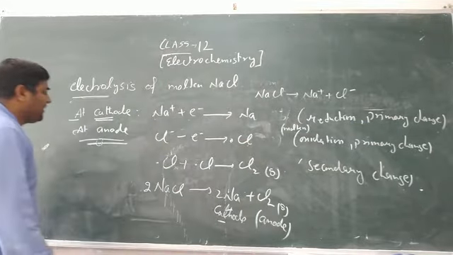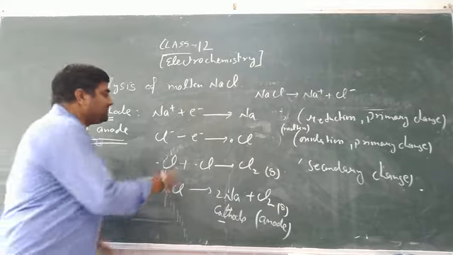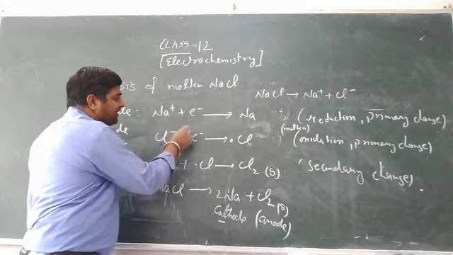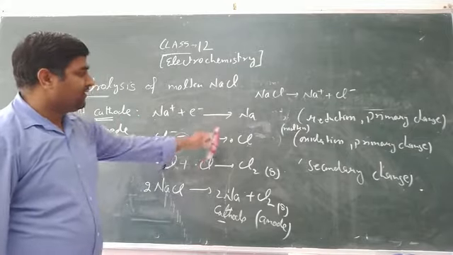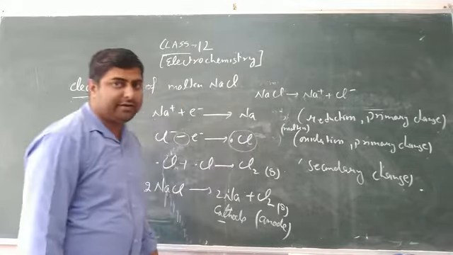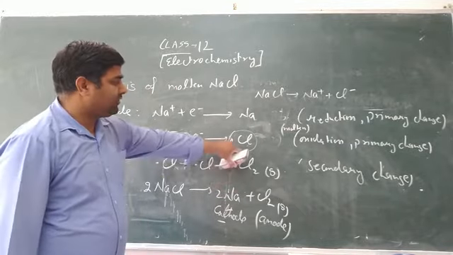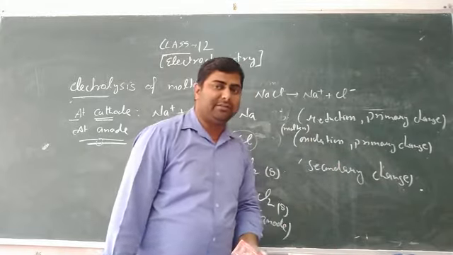Similarly, chloride ions move towards the anode and lose an electron. Keep in mind, minus shows loss of electrons. They get converted to a chlorine free radical, Cl dot. Oxidation, and this is a primary change.